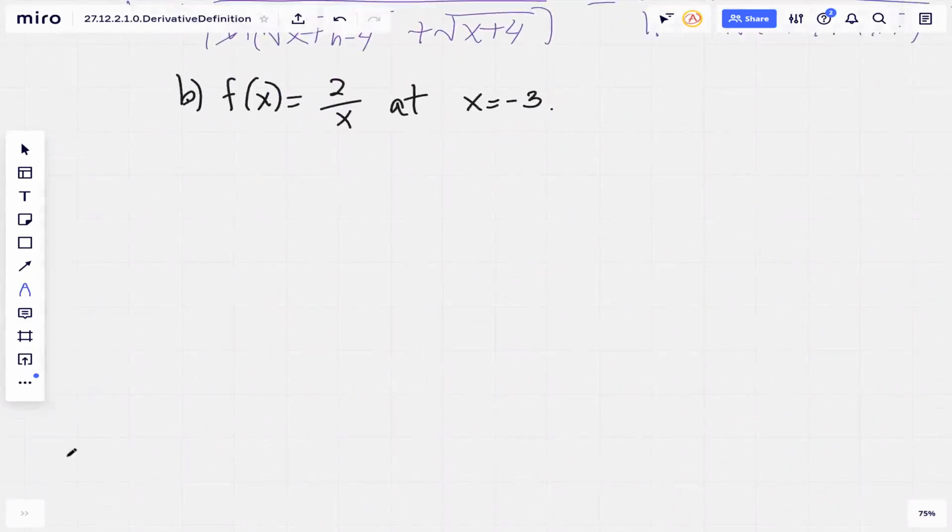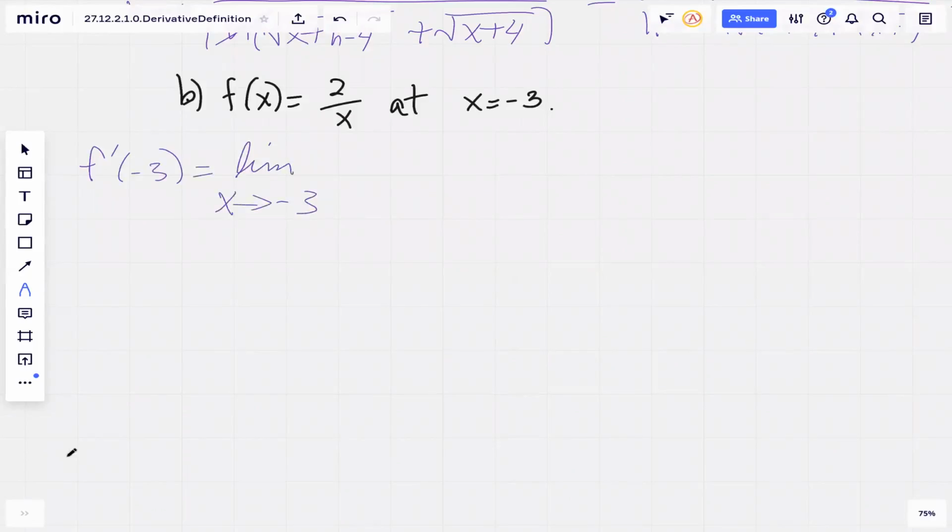All right, second question. Our function is f at x equals 2 over x, and we're looking for the derivative at x equals -3. So we're looking for f prime at -3. So in this case, why don't we try the second definition of the derivative?